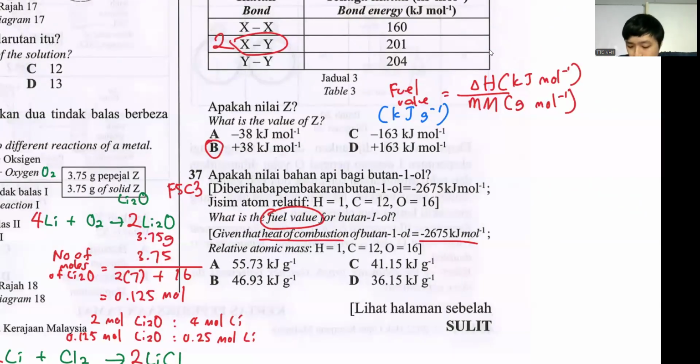Kilojoule per gram. So it means you straight away use 2675 divided by the molar mass for butanol. Now, what is the formula for butan-1-ol? If you don't know, cannot do. How to find molar mass?